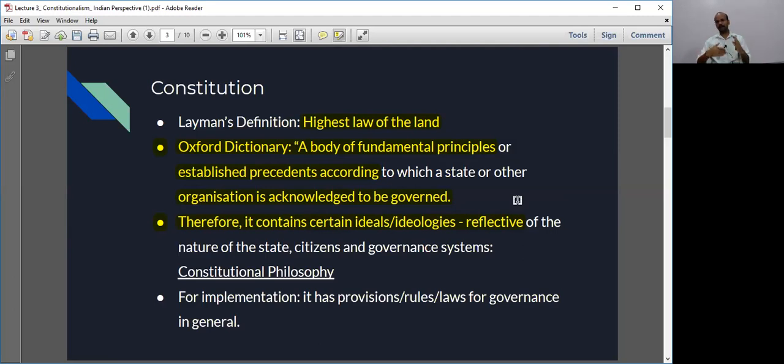However, reading between the lines, you will find that these articles are not merely articles, rather they are an instrument to implement certain philosophies, certain ideologies, which are there in the constitution, which we will be calling constitutional philosophy, right? Therefore, one can argue that when you have certain philosophies inherent in the constitution, their application in reality or in society, or how they play out in reality in society, is one more point that we need to consider.